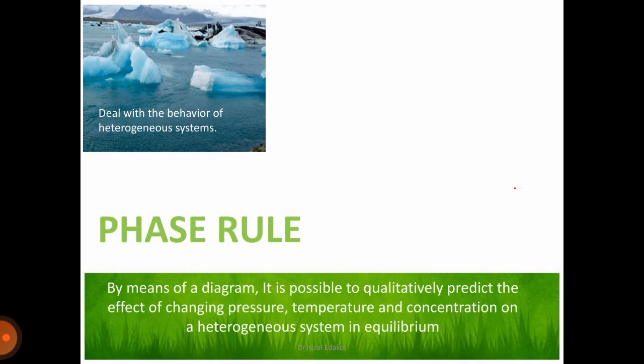And this phase rule underlines that by means of a diagram, it is possible to qualitatively predict the effect of changing pressure, effect of changing temperature, and effect of change in concentration on a heterogeneous system in equilibrium. So, please note the point that this phase rule chapter deals with the behavior of heterogeneous systems.